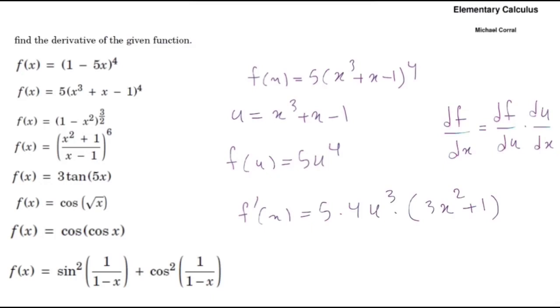So f prime of x is 20 (x cubed plus x minus 1) cubed times (3x squared plus 1), and this is the final result.